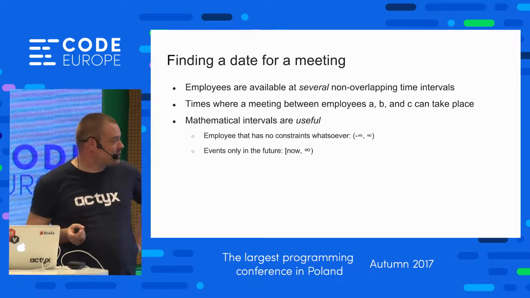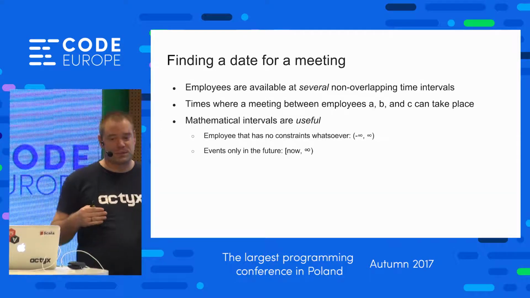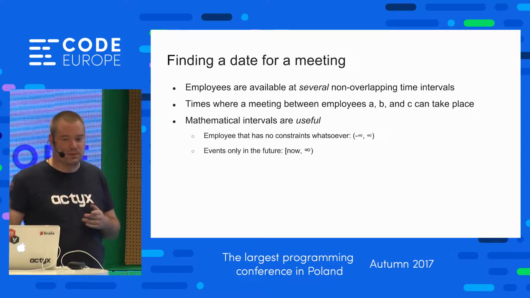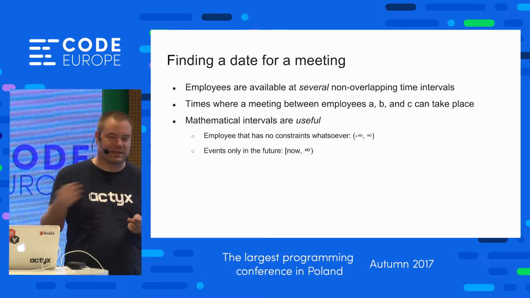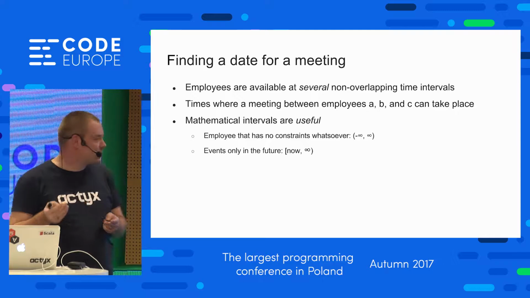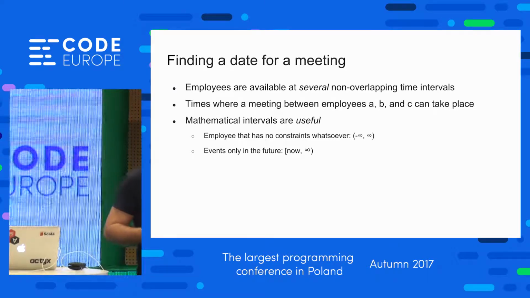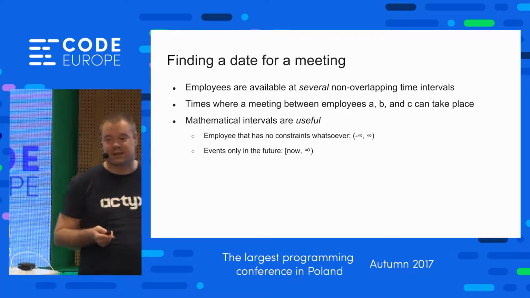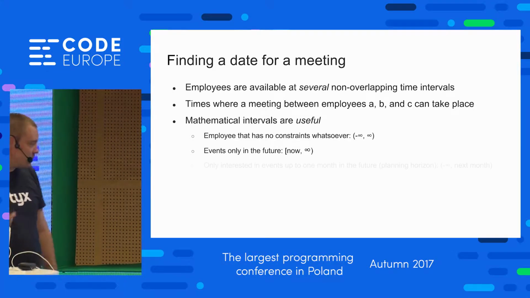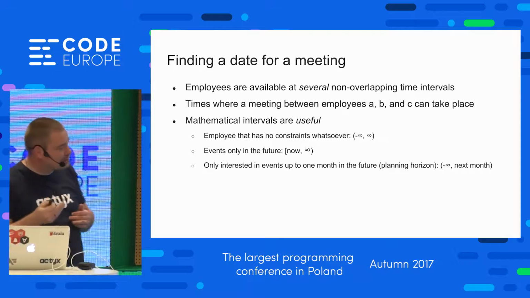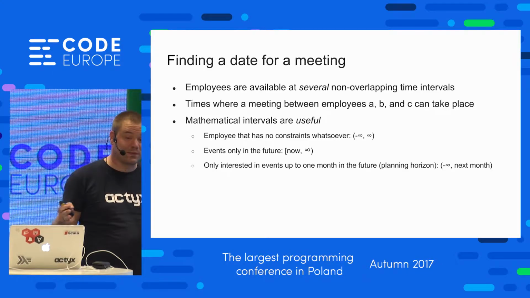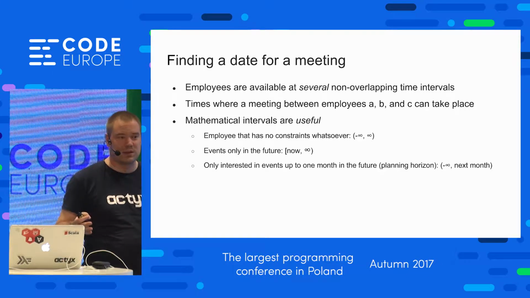And then you might want to limit your solution space to only values which are in the future, because you're not interested in meetings in the past, basically. Then you could just represent this constraint as an interval from the current time to plus infinity. Or you might say, I want to do my meeting at least in the next month. If I can't do it in the next month, there's no point anymore.